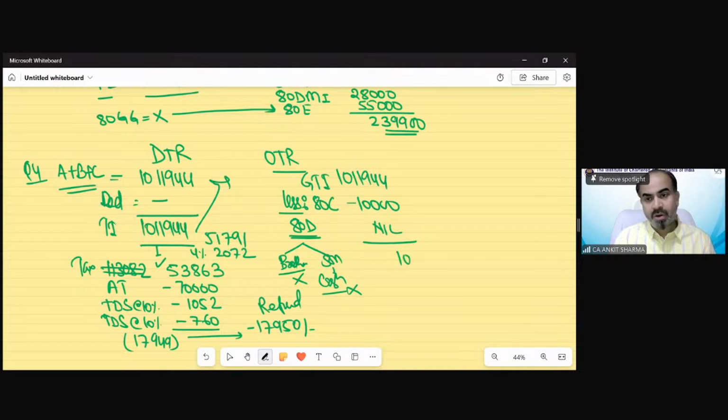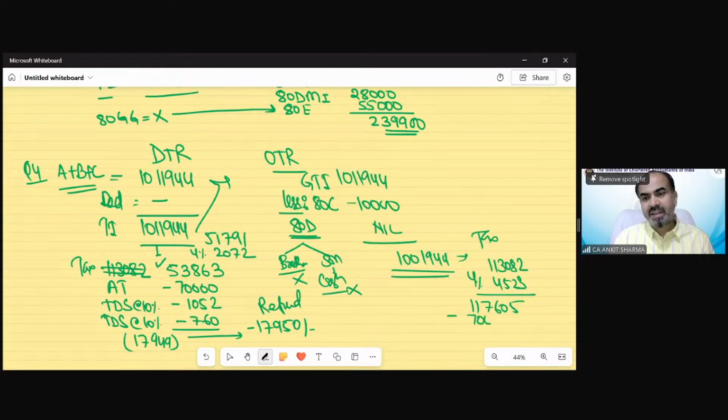The amount of total income would be now this much. And we have to calculate tax on this. The tax on this would be 113,082. 4% cess, 4,523. Total is 117,605.